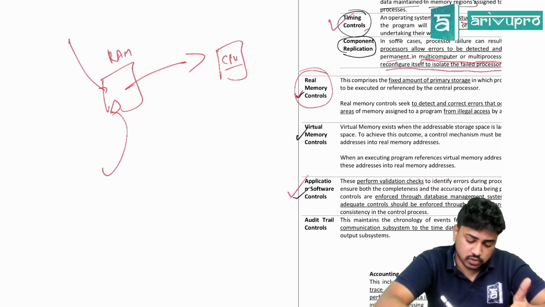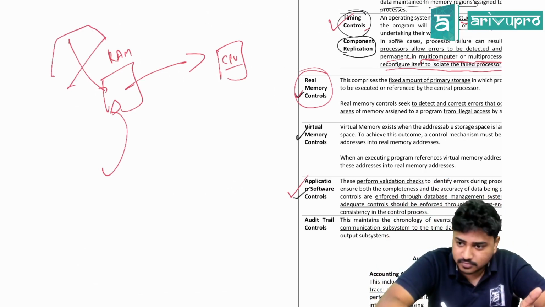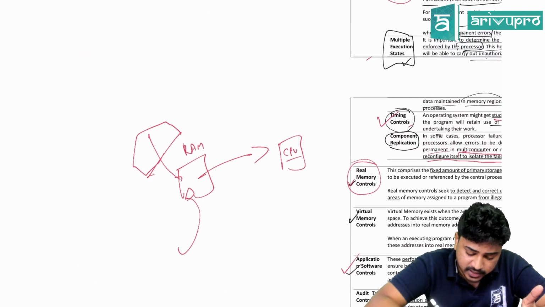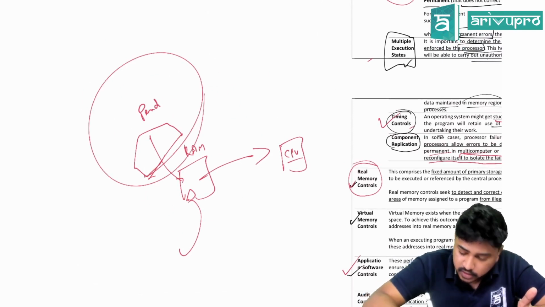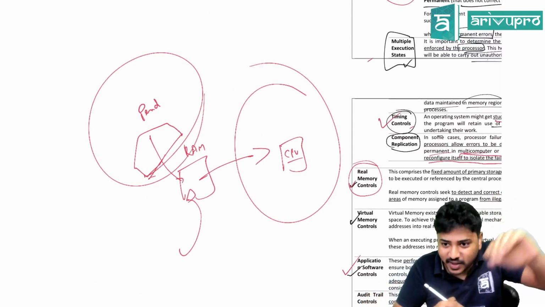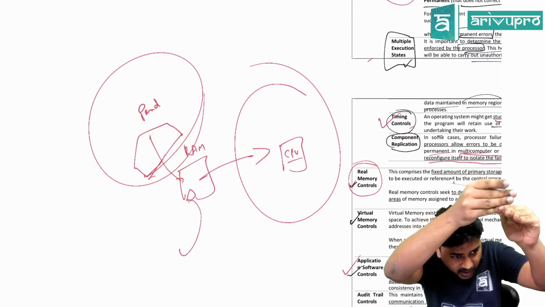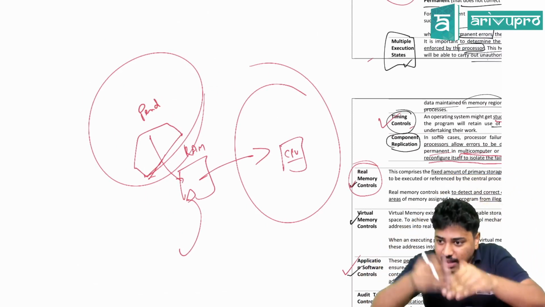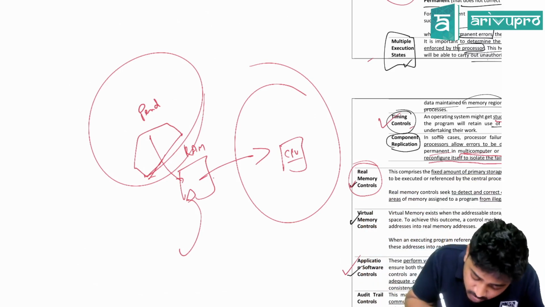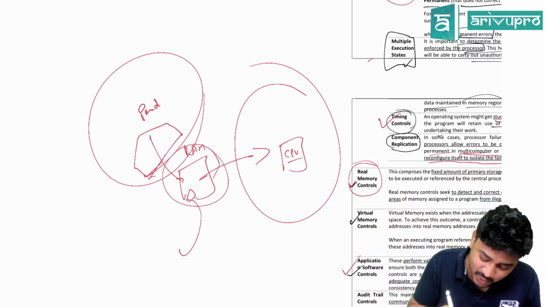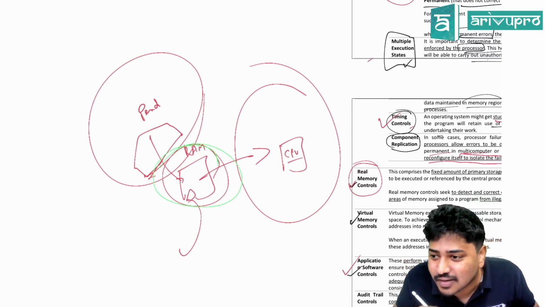You have controls till here, right? Let's say the file is in the pen drive. You have controls for here, and you have controls for here. But the movement is there, no? From the pen drive it's coming to RAM, from RAM it's going to the CPU, correct? Here, let's say you don't have controls, say you have a green area here. Can it be hacked?